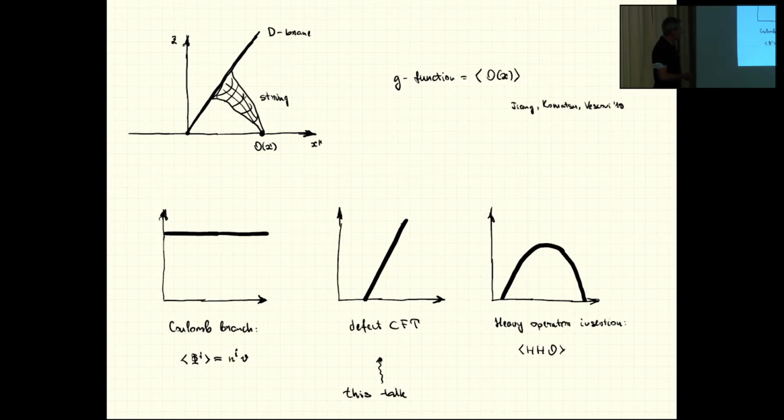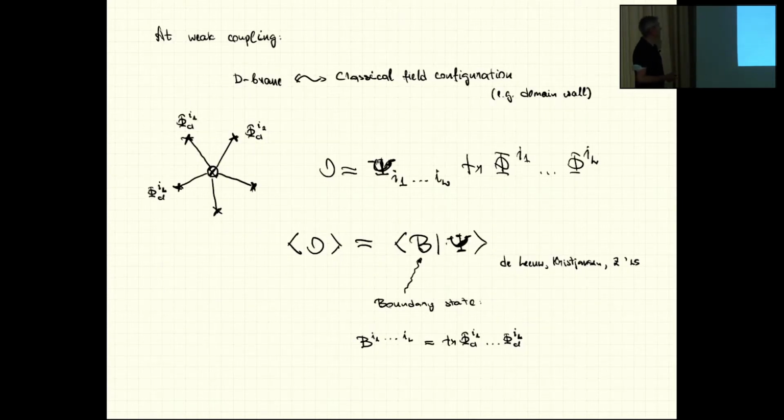Or it can have both legs on the boundary. This would correspond to insertion of some very heavy operators, and if you consider a string on top, then this would probe these two operators. So we'll be dealing with a three-point function. But I'll concentrate on the second case, where the D-brane describes a defect in conformal field theory.